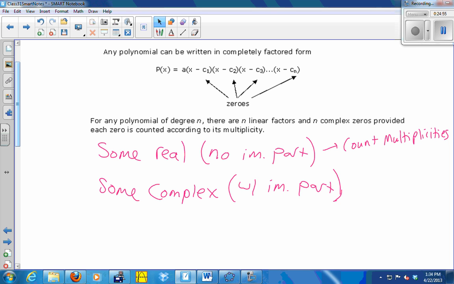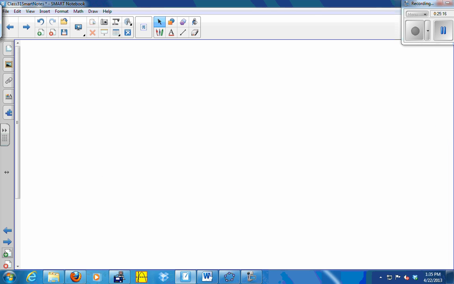counting the multiplicities. So this is actually analogous to another really famous theorem that you learned in, I don't know, sometime in elementary school, maybe middle school, called the fundamental theorem of arithmetic, which, anybody remember doing something like this?